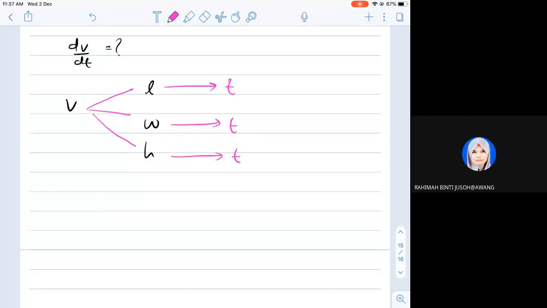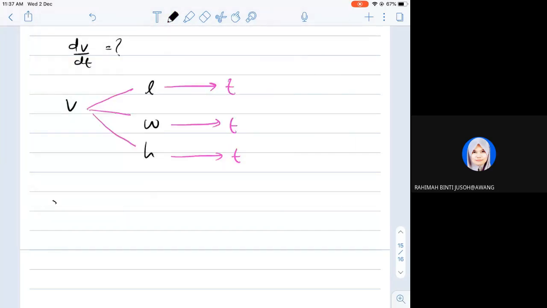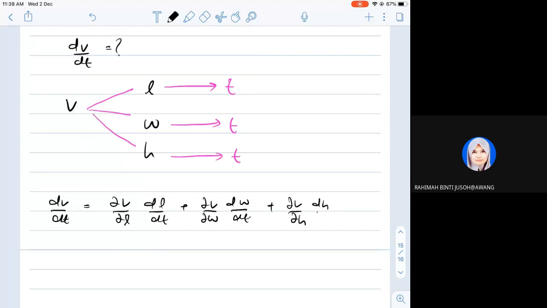Okay, so by the chain rule, dV over dt is del V over del L multiplied by dL over dt, plus del V over del W multiplied by dW over dt, and then plus del V over del H multiplied by dH over dt.